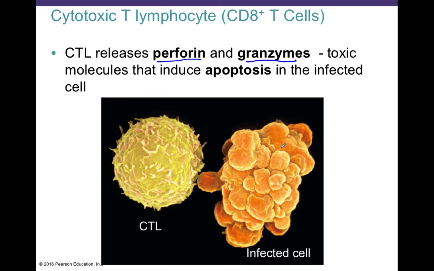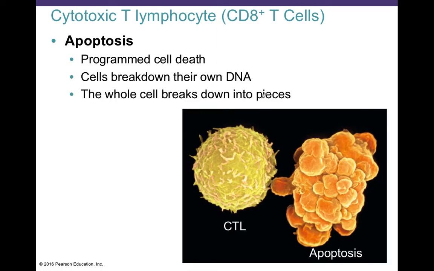And this is going to lead to a process called apoptosis, which is a way of killing that infected cell. Apoptosis is also called programmed cell death. Sometimes people also call it cell suicide. So it's triggering this process that leads to the cell killing itself.